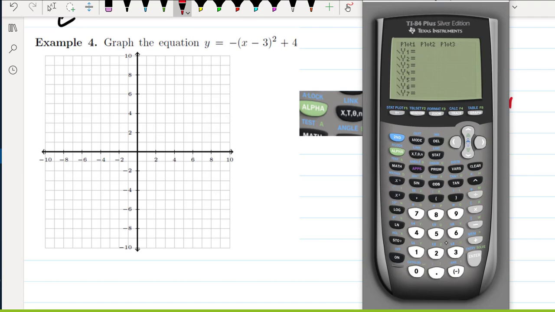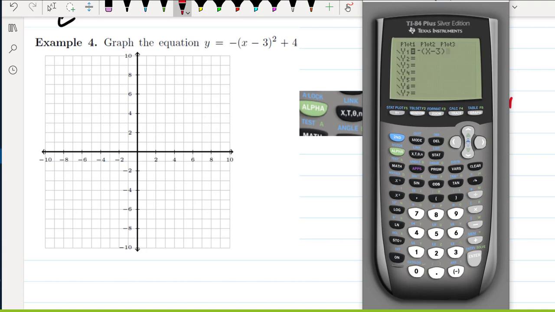So we're going to type in negative parenthesis x minus 3 squared plus 4 exactly as it looks. So we press our negative key, we go parenthesis, and then we're going to use our variable key up here, x minus 3. We close our parentheses, and then we can use the squared key, which is up left from the number 7, or you can use the caret key for the general exponent.